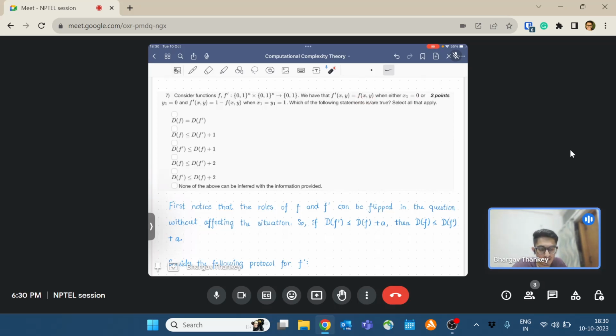At the end, if x1 were 0 or y1 were 0, then Bob has to send f(x, y). And if both were 1, then he has to send 1 minus f(x, y). One way of doing it would be for Alice to send x1 and Bob to send y1, and then they start a protocol for f.